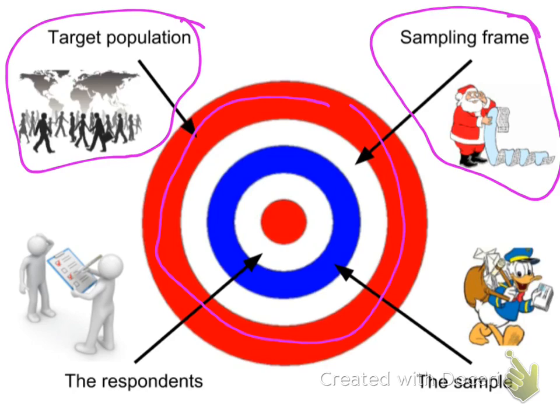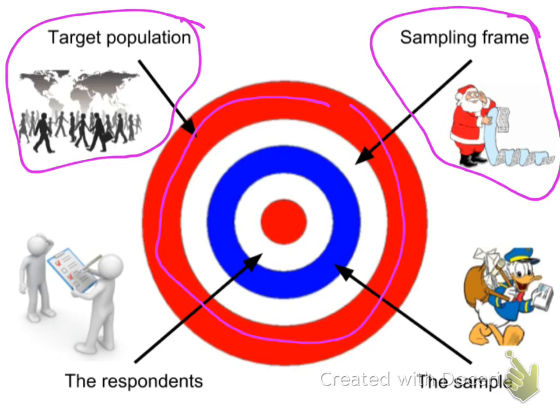Now, there are some situations, though, that I can't get a sampling frame from. Think about cell phones. Is there anywhere a list of all the cell phone numbers and the people who own those numbers? No, there is not. And so there are some situations where I can't get a sampling frame. It simply doesn't exist.